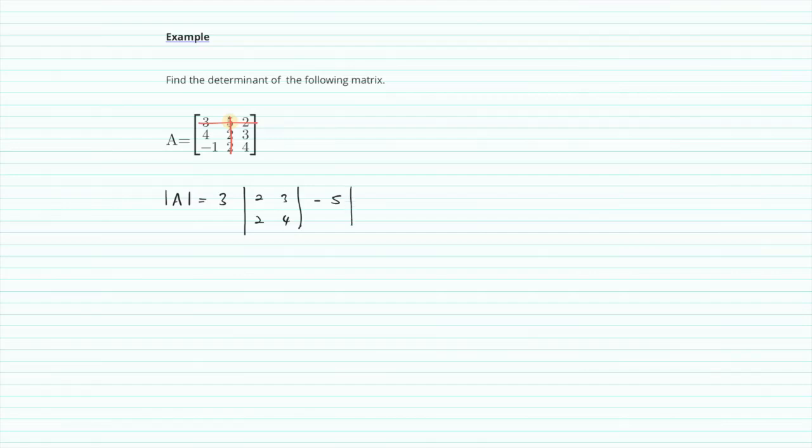So we multiply with 4, 3, -1, 4. And finally, for entry 2, we add 2, and we delete the first row, third column. We multiply with 4, 2, negative 1, 2.